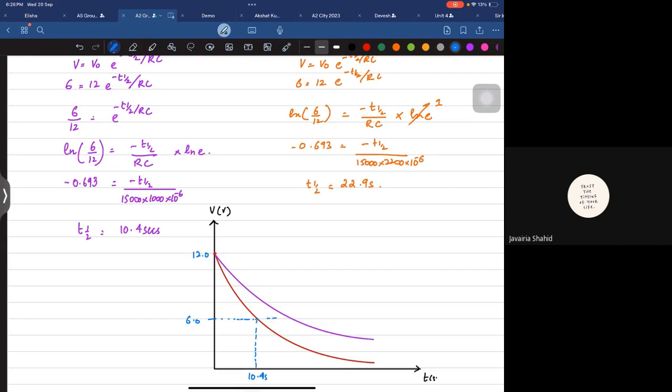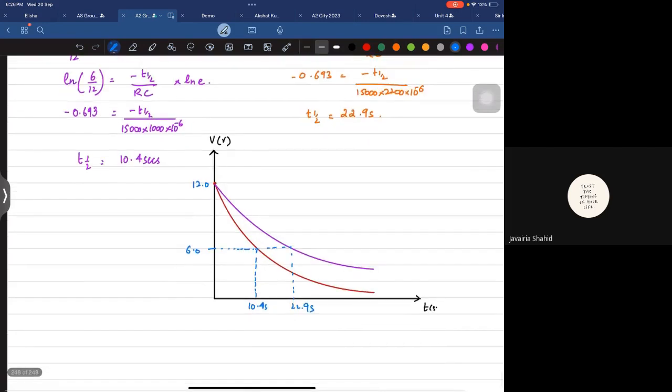The other one takes about 22.9 seconds to reach here. So this one is the 1000 microfarad capacitor, and this is the 2200 microfarad capacitor, right?